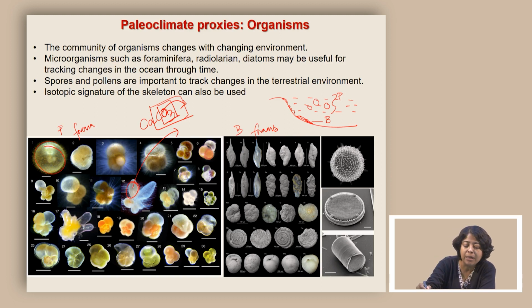Now, because planktic forams are living in the water column, they are going to tell you something about the water column composition, whereas benthic forams are going to probably tell you something about the sediment water interface, a slightly deeper part of it. And because these forams are very sensitive to depth, not all forams live at the same depth.